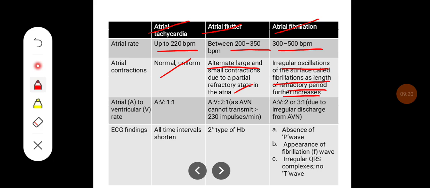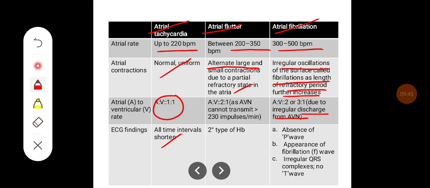The atrial to ventricular rate is 1:1 in atrial tachycardia, whereas in flutter it can be 2:1, and in atrial fibrillation it can be 2 or 3:1 due to the irregular discharge from the AV node. ECG findings in atrial tachycardia, all the time intervals shorten.